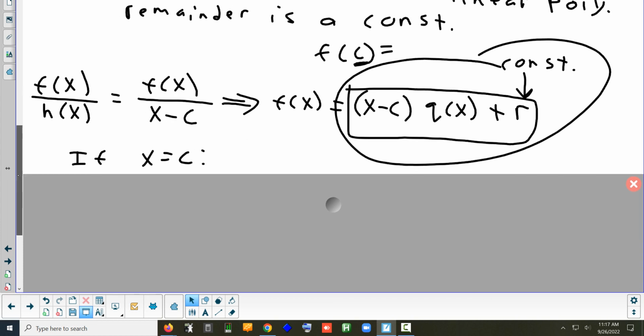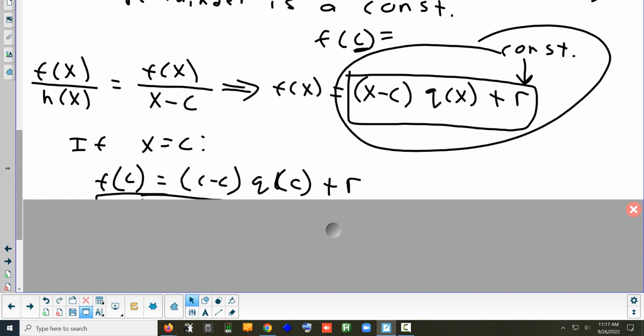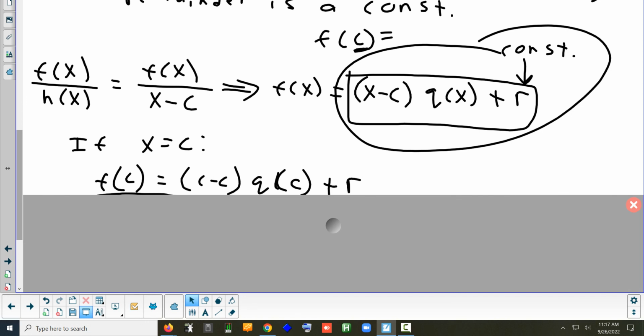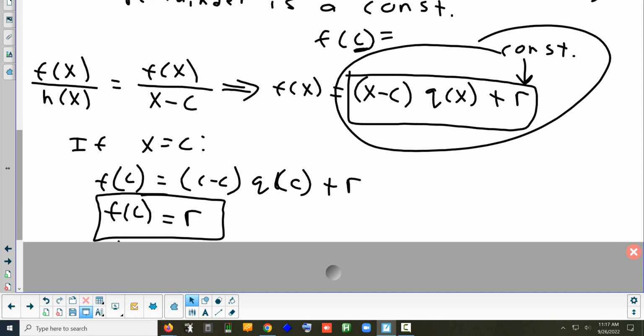If you change all your x's to c's, f of c would equal c minus c times q of c plus my remainder. But what happens when you plug c in for x? You just get the remainder.